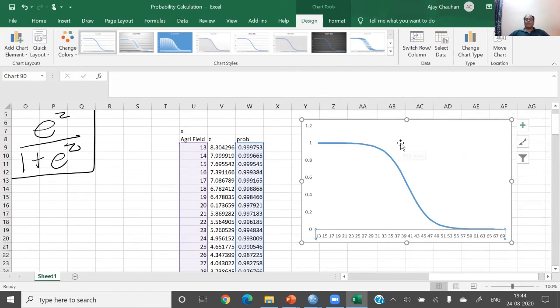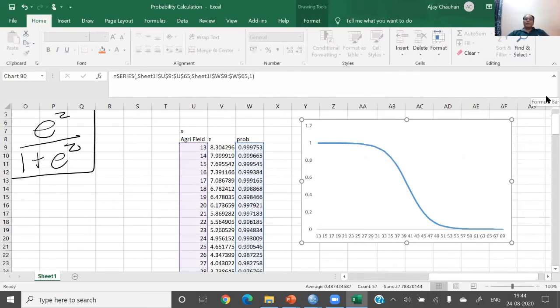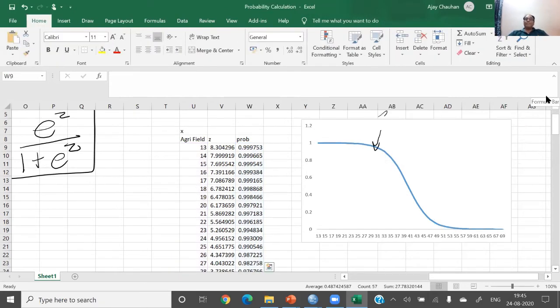So what does this graph indicate? This value, 27.27, is actually 30, and this value is, I have to check it, around 49. Anybody who is having agriculture land more than 49, the chances of migration are very low.